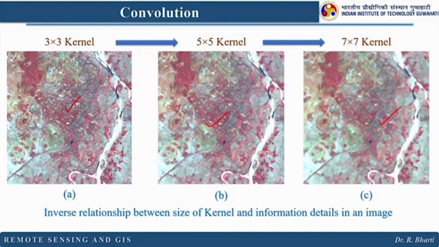Why? Because you are using more pixels to calculate the average. So the boundaries or the change in the intensity will not be preserved. So it is again the inverse relationship between size of kernel and information detail in an image. So here you need to decide, or you have to do the trade-off, which one you will prefer for your application.